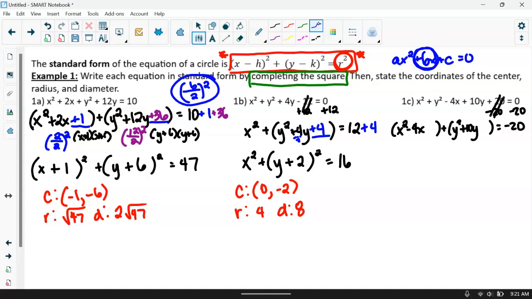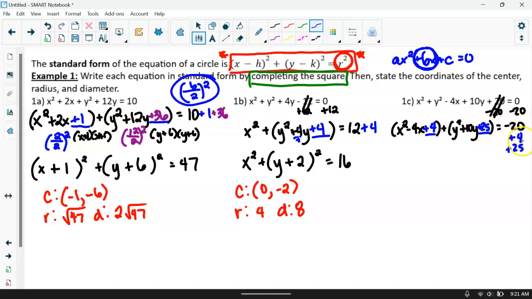So now let's go through and complete the square. So half of -4 is -2. -2 squared is +4. So again, we're going to add 4. Then here, half of 10 is 5. 5 squared is 25.